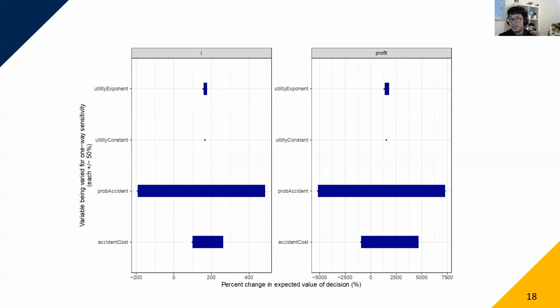Another common way to do this is instead of doing it like plus or minus 50%, say you have some idea of the reasonable range of values that you would alter any particular input by. Doing this kind of analysis by that range of values tells you how your outcome can change in comparison across all of the one-way uncertainties in your input.